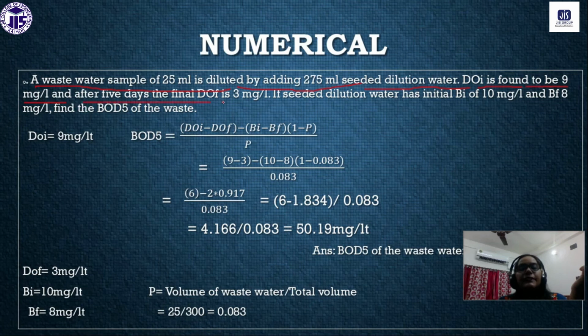After 5 days, the final DO is 3 milligram per liter. If the seeded dilution water has initially, that is BI, 10 milligram per liter of DO, and BF is 8 milligram per liter, then find out the BOD 5 of the wastewater.